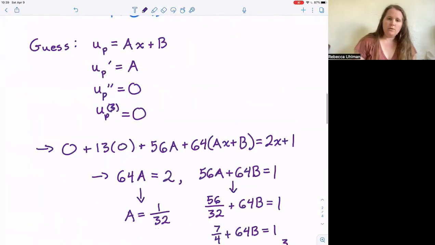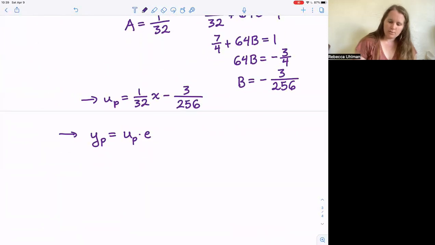Since y was u times e to the 3x, y_p is just u_p times e to the 3x. We get y_p is e to the 3x times (1 over 32 x minus 3 over 256).